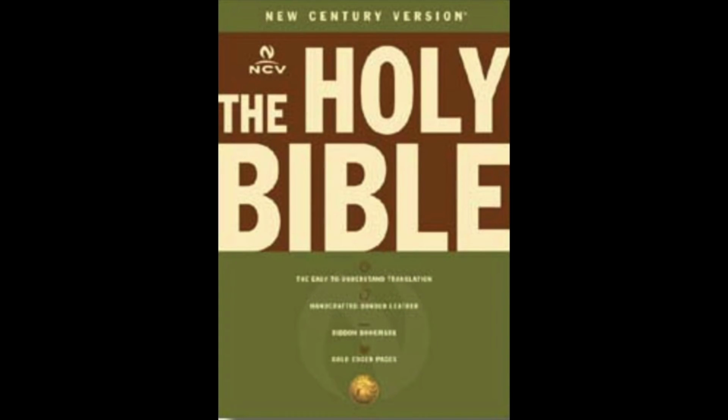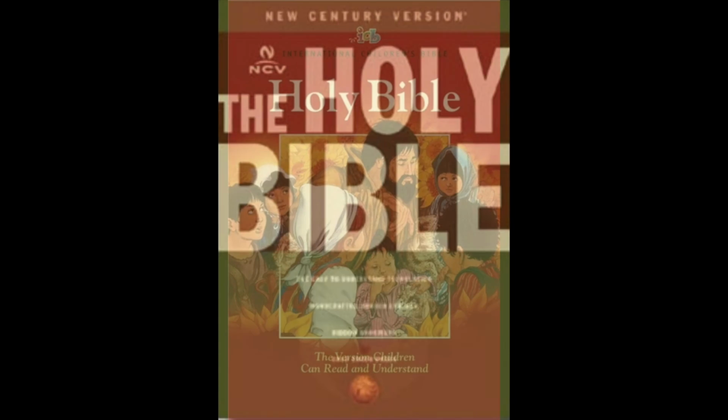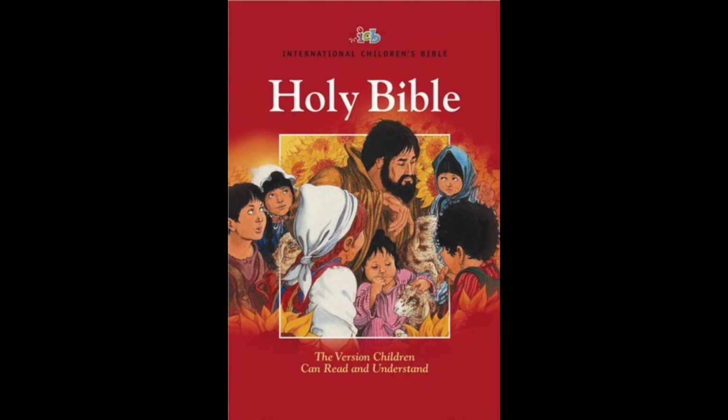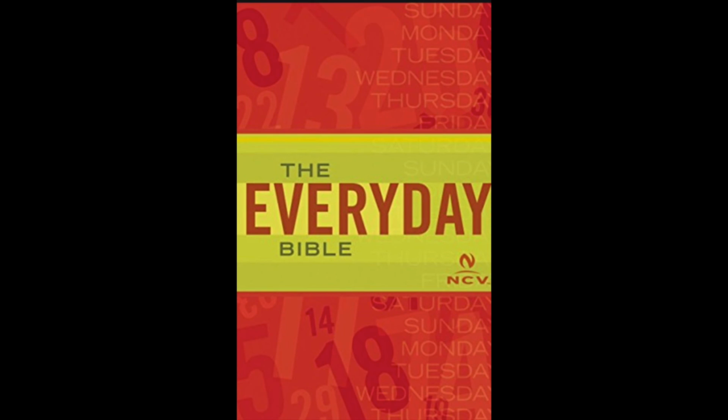And then the New Century Version, the International Children's Bible, and the Everyday Bible were published in 1986 and 1988. This was a fourth grade level. They wanted something that could be used by children.